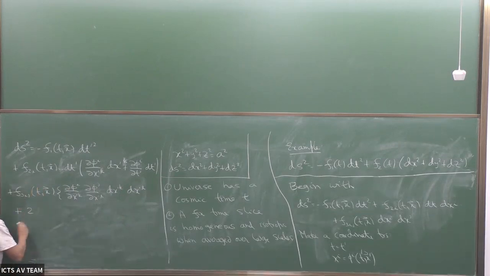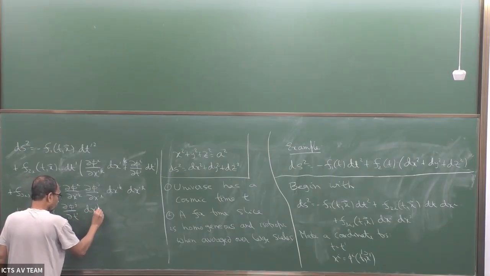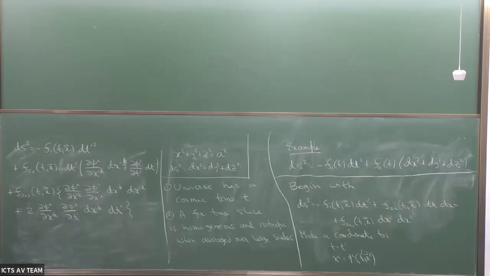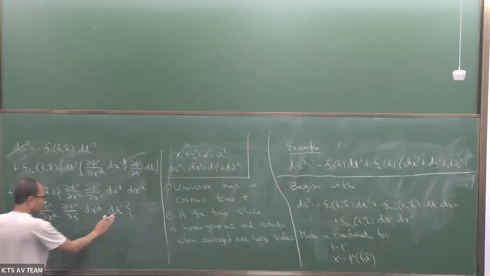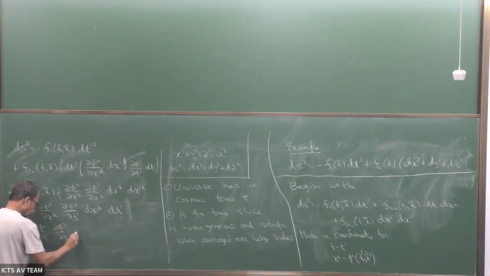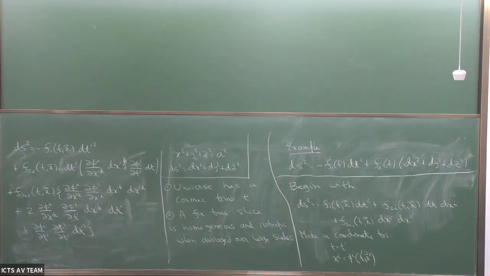So that cross term will be 2, and then one more term which is the square, plus.